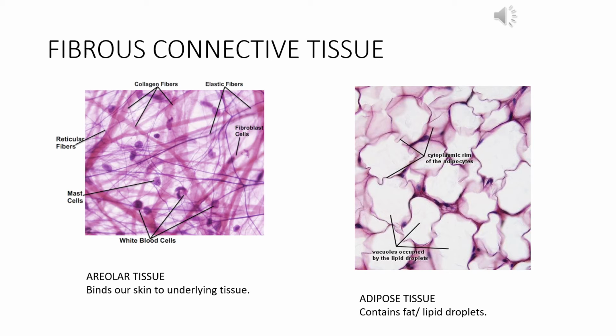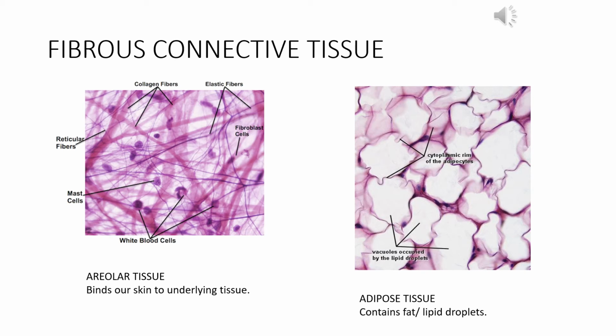It was a protective tissue. Now, the skin remains attached with the underlying tissue of the body by areolar tissue. So see, the areolar tissue is making a connection of skin with the underlying tissue. So it is a connective tissue.